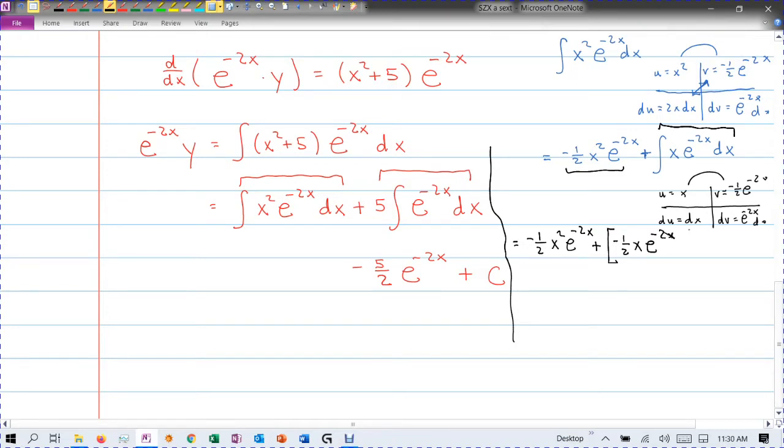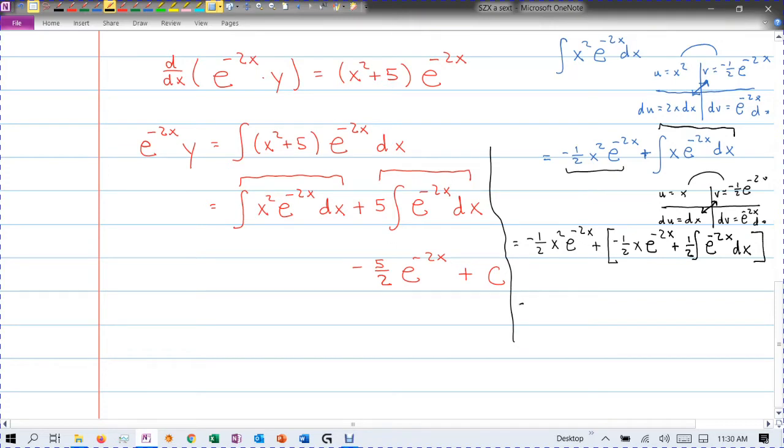This computer's starting to slow down on me. And then minus the integral, and let's see, we're going to be doing these two multiplied. I already have a negative here, so I can bring that as a plus. I have a half there, I can bring that half out. And all I have is e to the negative 2x dx. All right, that integral I can do.